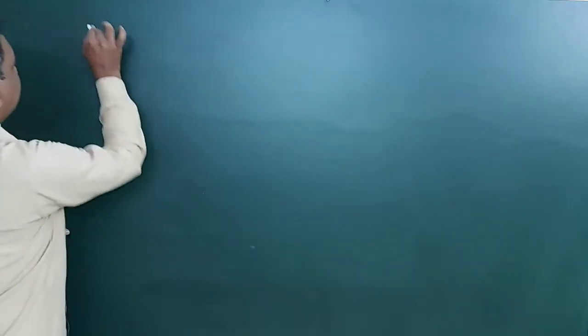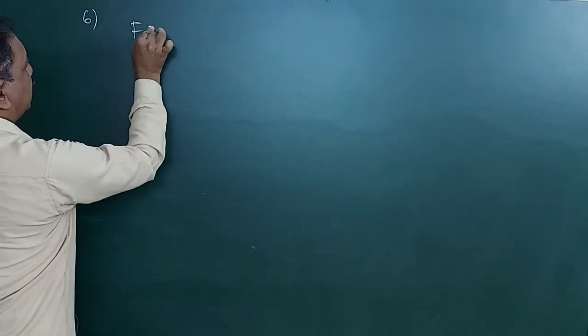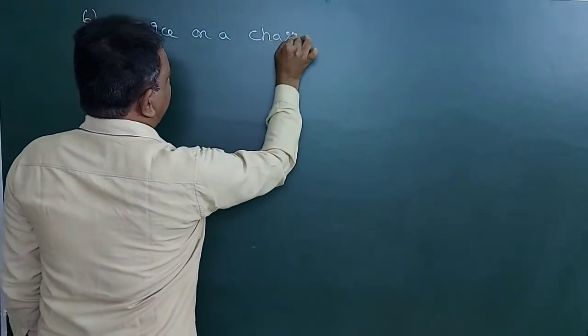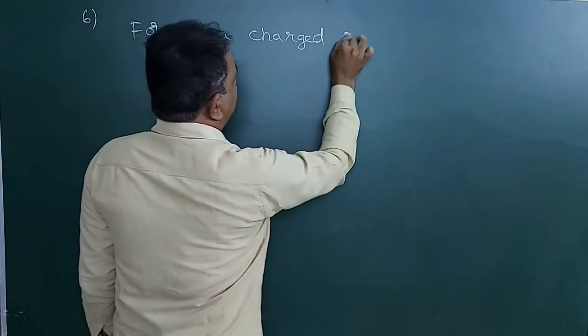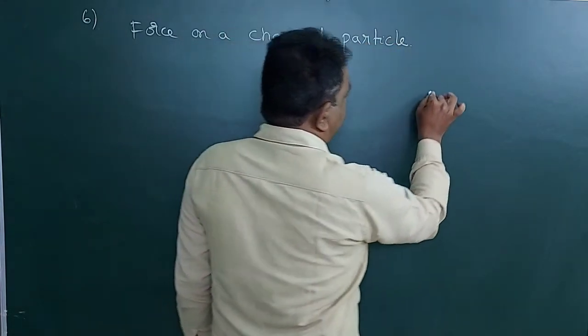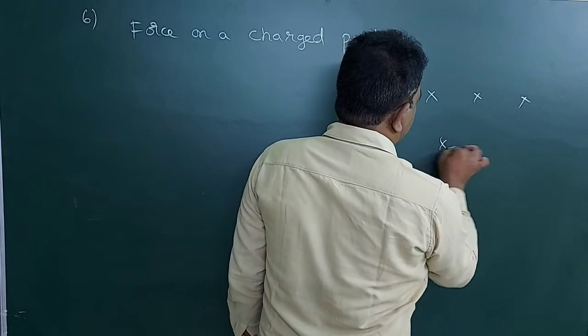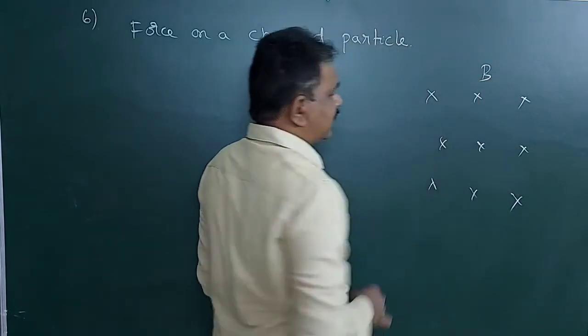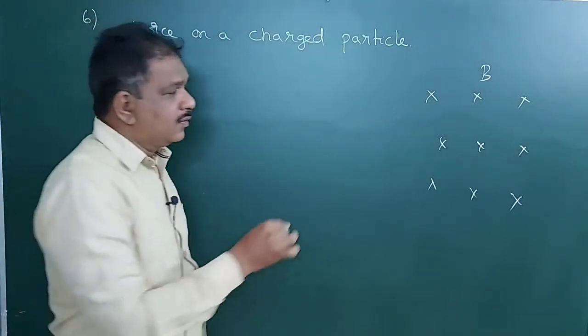What are those? See. Next, sixth one, force on a charged particle. Here a magnetic field of induction B is there.